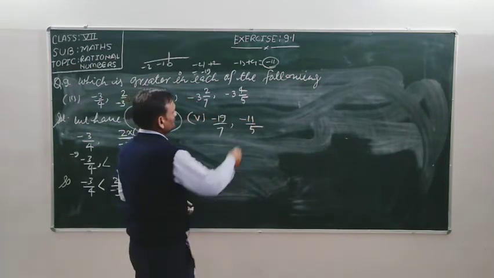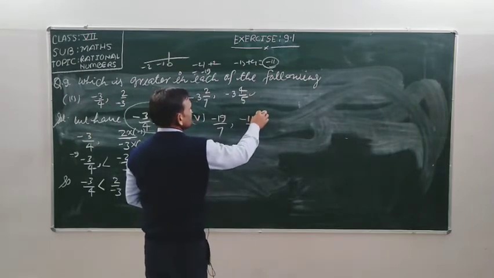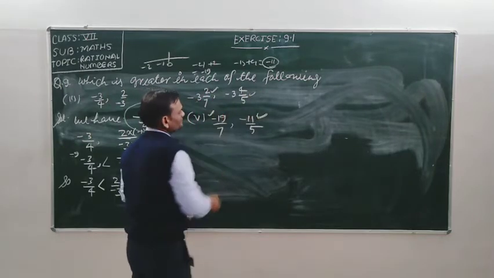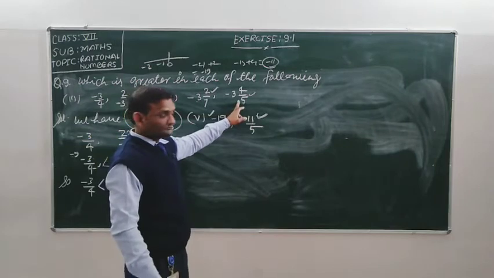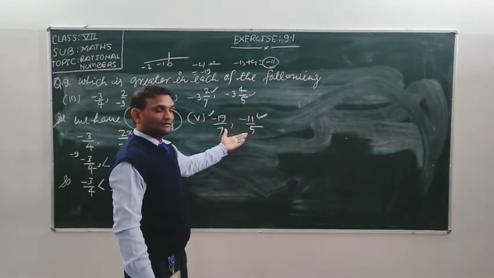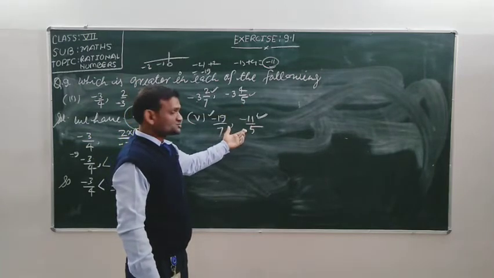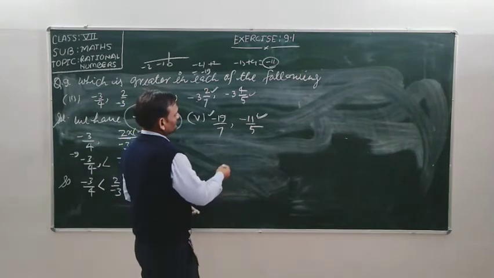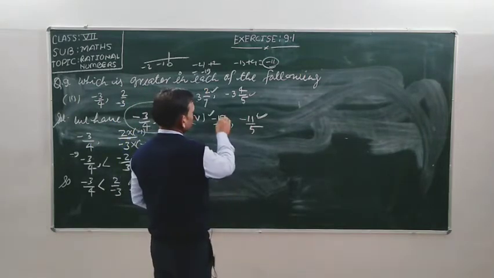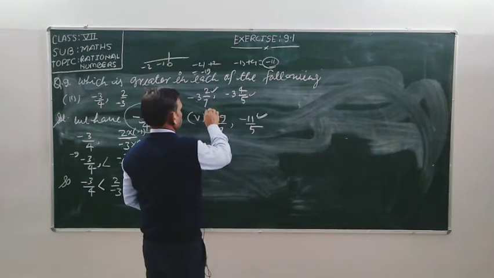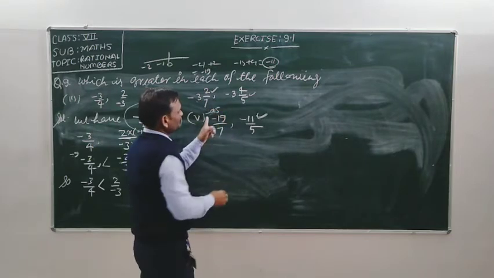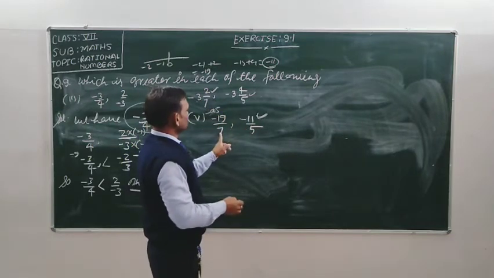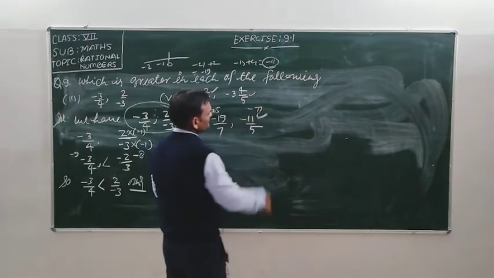Now this is equal to this rational number, and this is equal to this rational number. Now compare these two rational numbers. 19 times 5 is 95, that is minus 95, and 11 times 7, that is minus 77.